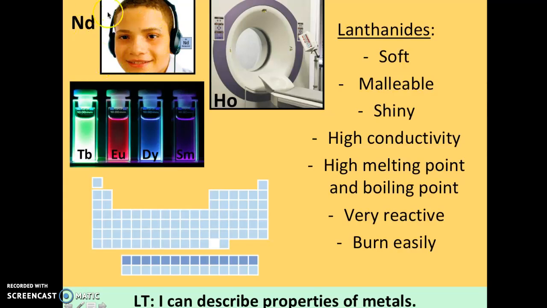Neodymium here, Nd, this one's kind of interesting. So neodymium is used in really strong, tiny magnets. And if you didn't know, stereos need magnets to create the sound that they're pumping out.